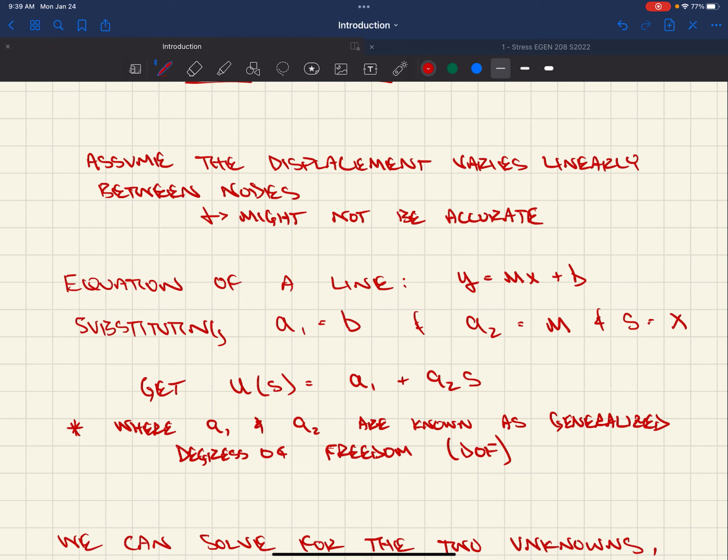We have U2, which also displaces in the same direction. We have 2 degrees of freedom for our element. One node can move in one direction, the other node can move in that same direction. So we have 2 generalized degrees of freedom when we come up with our displacement assumption, an A1 and A2. And that's why we make the assumption that it's a linear behavior of displacement between them. Okay.